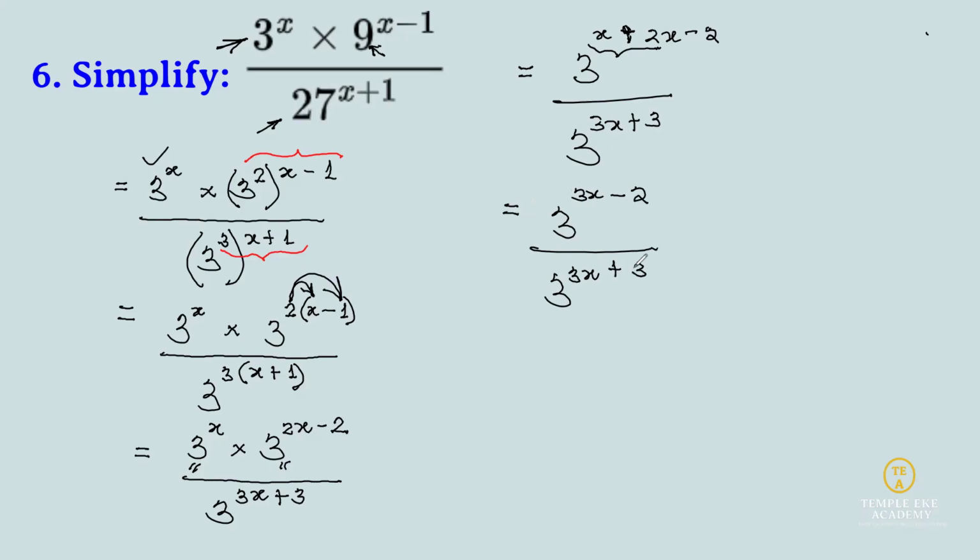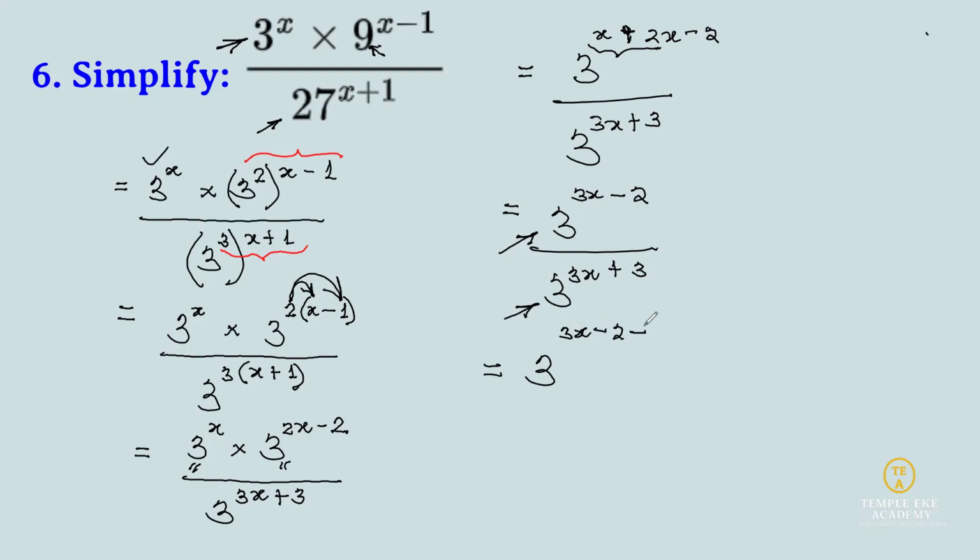And now let's do the relocation of terms. We have 3 to the power and 3 to the power. So we have this as one of our combination laws, the same 3 in the numerator but raised to different powers. How do we proceed? We take the same 3, the power in the numerator must subtract the power in the denominator. So we have all of 3x minus 2.